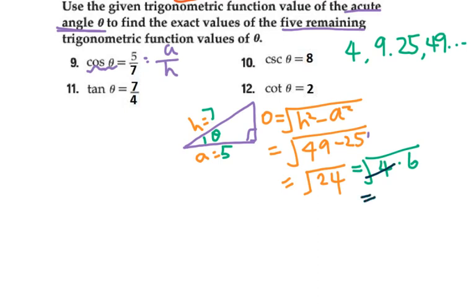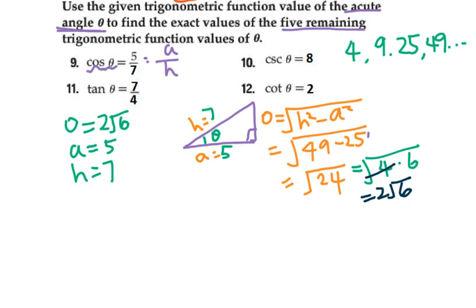So you will get 2 square root of 6. So I put O equals 2 square root of 6, A equals 5, H equals 7.